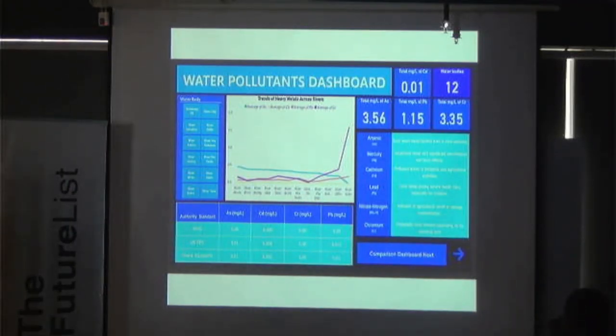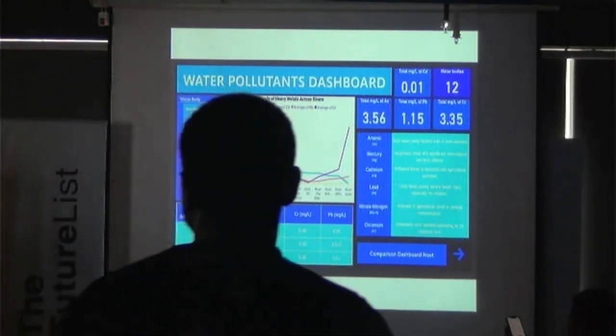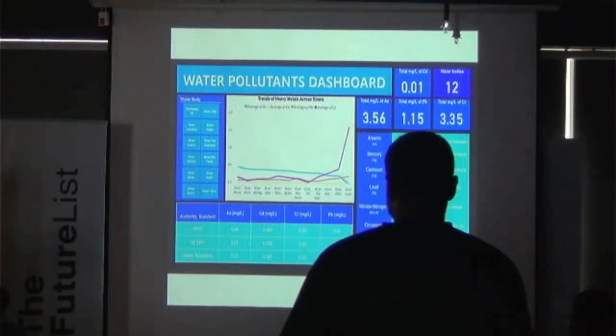It shows the standard set by the bodies, so the values which the metal should have for a particular water body, the effects the particular metal has, and the amounts at the top. Then the 12 river bodies are at the left, as we can see. The chart shows us the trends of the individual metals in the water body and their concentration, that is, the average of their concentration.